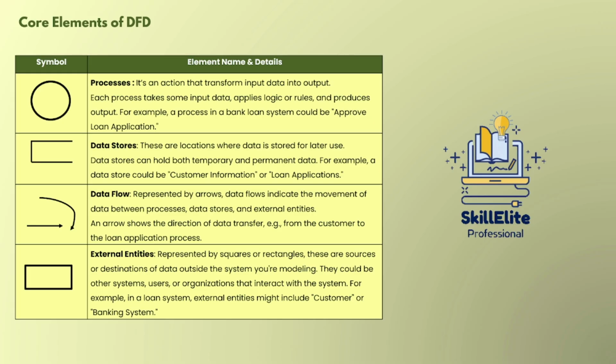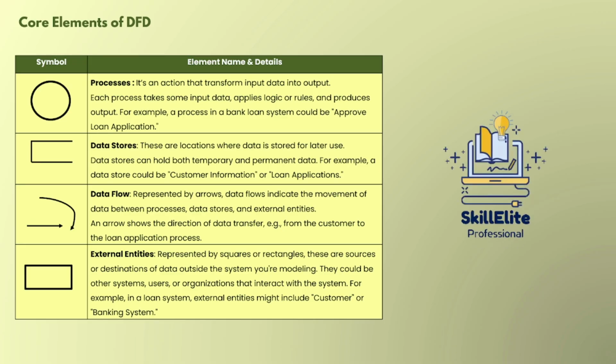Again, I'll repeat this: they could be other systems, which we have already seen, then users or organizations that are interacting with the software we are developing. These persons, meaning customers, in the previous example we called them actors. Here they are known as external entities, and they are enclosed in a rectangle.